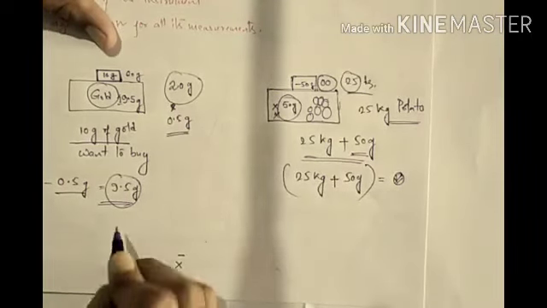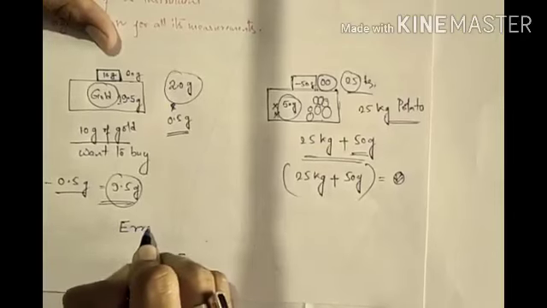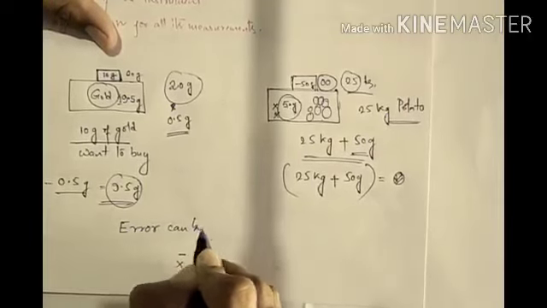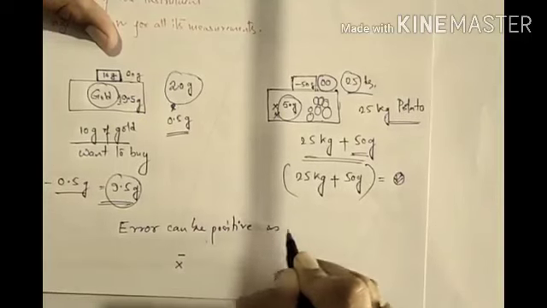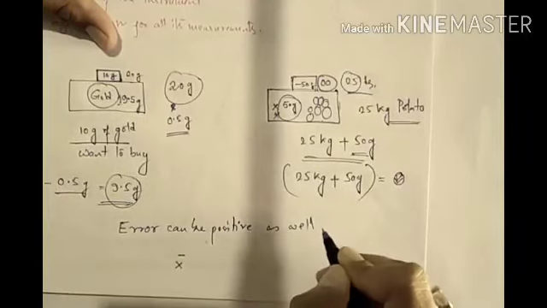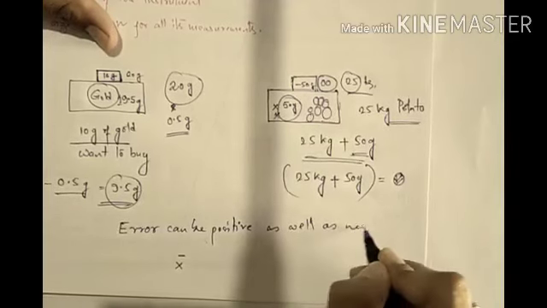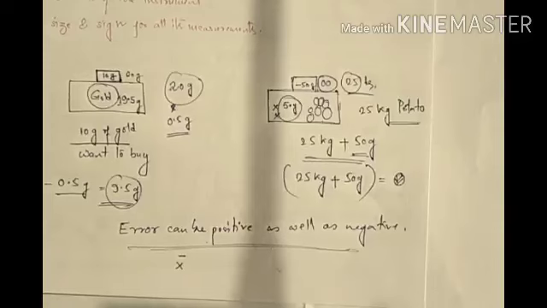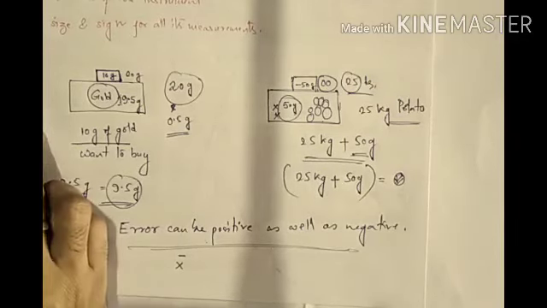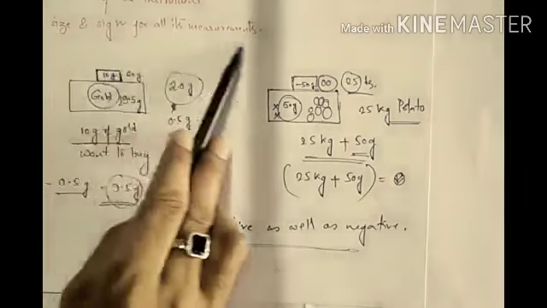So conclusively I can say error can be positive as well as negative. We are talking about systematic error. It can be positive, therefore it is said the systematic error will have the same size and sign for all its measurements.